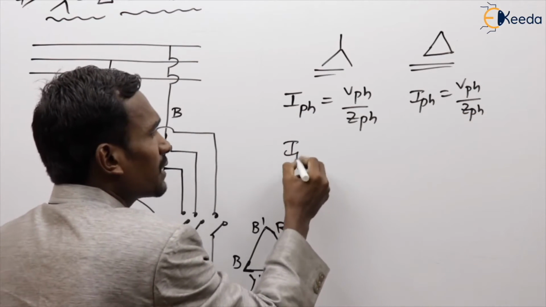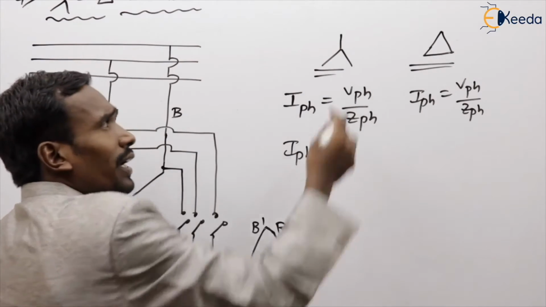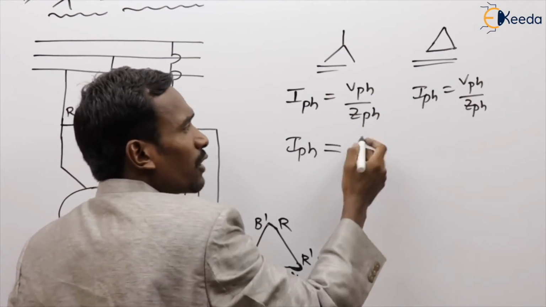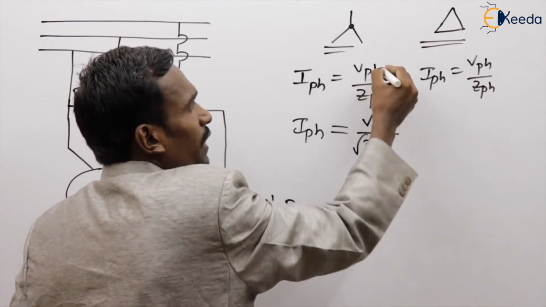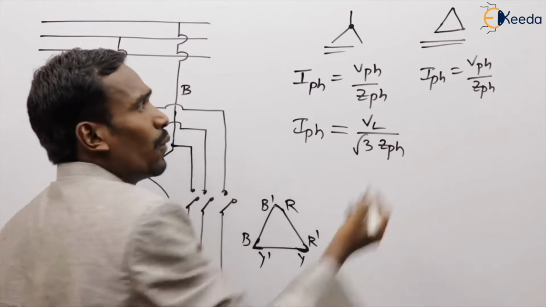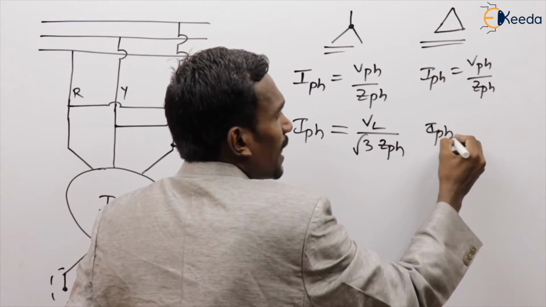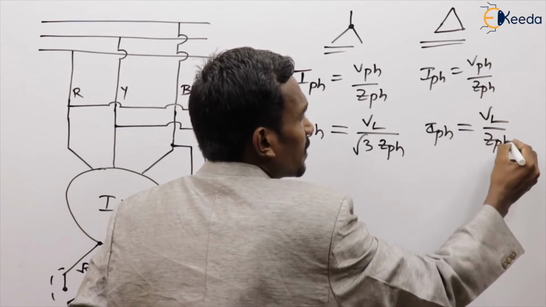In star connection, V phase is equal to VL by root 3, into Z phase. Whereas in delta connection, V phase is equal to V line, by Z phase.